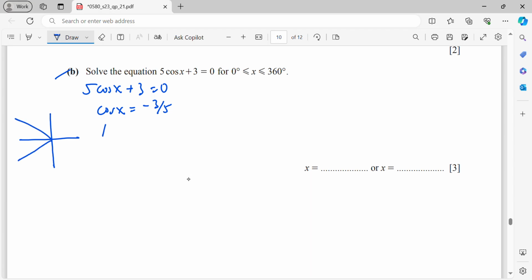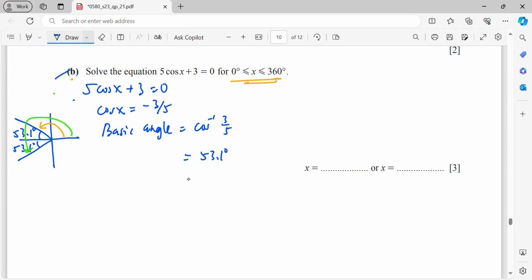So now I need to find the basic angle. Basic angle is inverse cos 3 over 5. That is going to be 53.1 degrees, which means both of these are 53.1. Now by looking at this interval, my first angle is the orange color and my second angle is the green color.